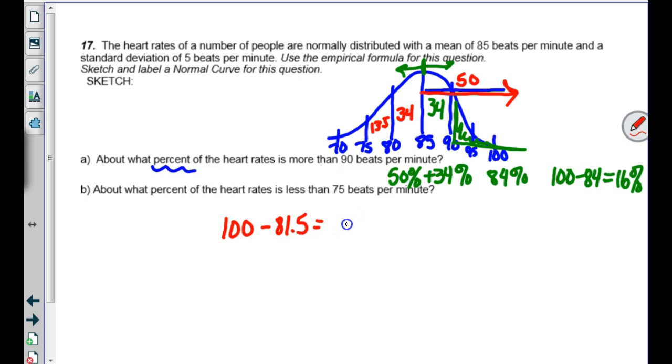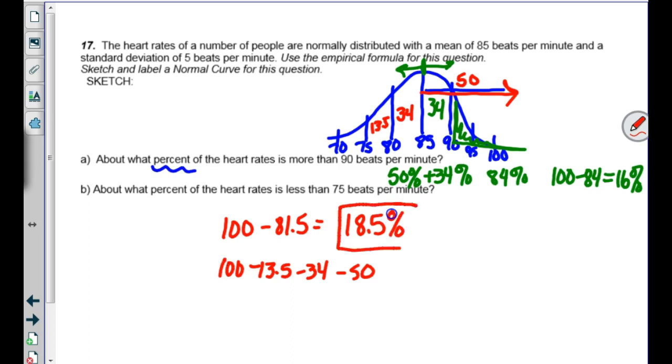So we're left with 18.5. That's probably wrong. It should be 100 minus 13.5 minus 34 minus 50. What's left? Is it right? 18.5? Okay. Again, I don't think that's quite that tricky on the quiz.